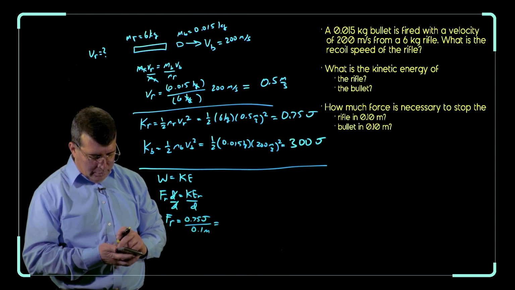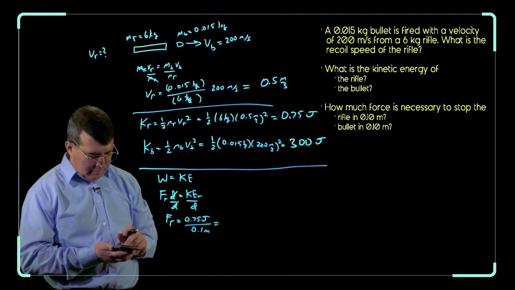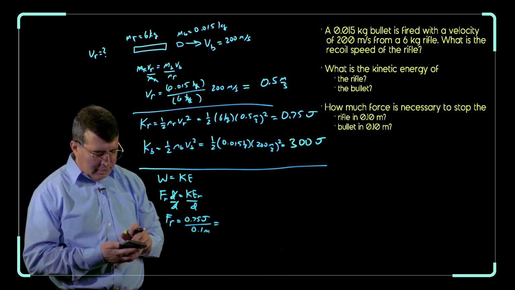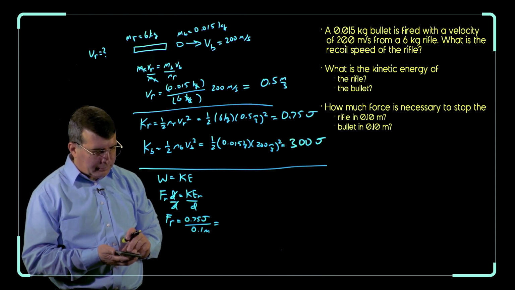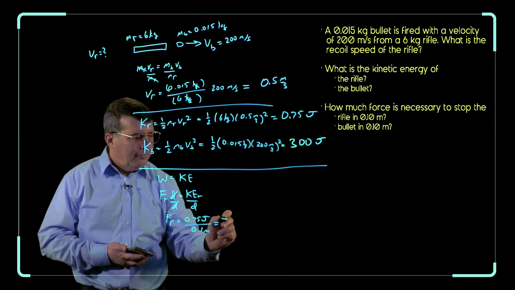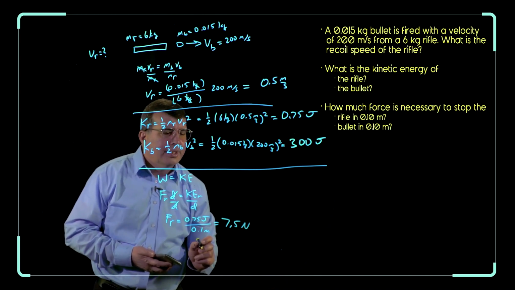So 0.75 divided by 0.1. Nope, I did not do that right. Divided by 0.1 would be 7.5 newtons of force to stop the rifle.